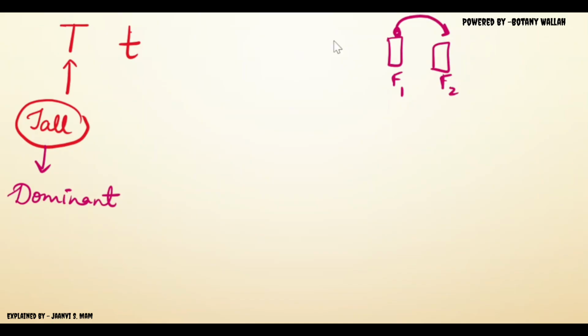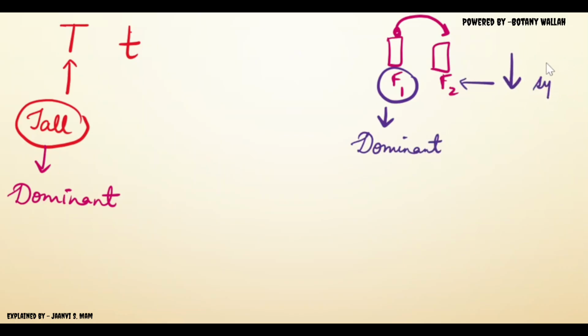The one who has higher expression when present with the second is dominant, and the one who is suppressed by the first is known as recessive.